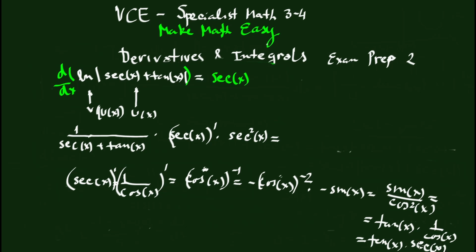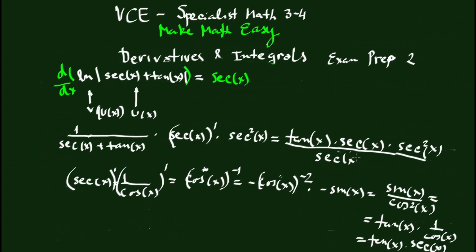So for the first derivative of secant, we've got tangent of x times secant of x, and that's times secant square of x divided by secant of x plus tangent of x.